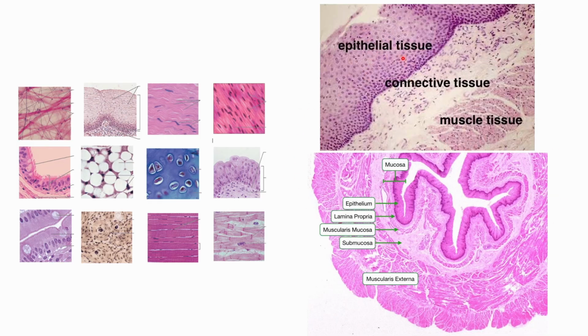You can see this layer is epithelial tissue, this layer is connective tissue, this layer is muscle tissue, etc. For this semester, we will not be too particular about the names of the layers of the organs itself, but we will be mastering how it looks like per type of tissue.